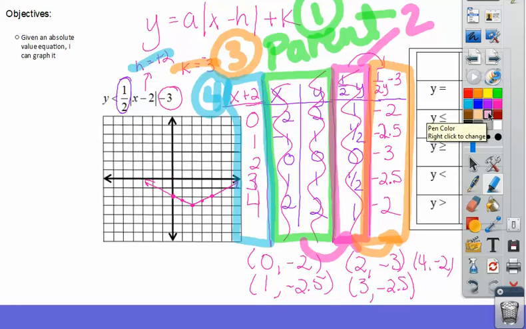So in this lovely light pink, I have 0, -2, 1, -2.5, 2, -3, 3, -2.5, and 4, -2. So I got 5 points to graph. That's very systematic, and it's using a table, and it works every single time if I follow those steps. 5 steps, really, was getting the coordinates, and then step 6 would be graphing.